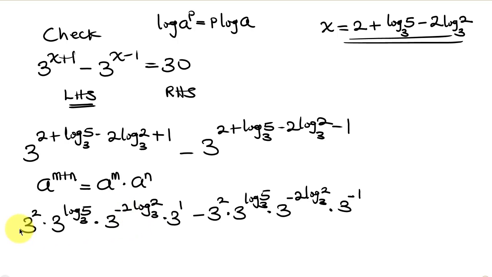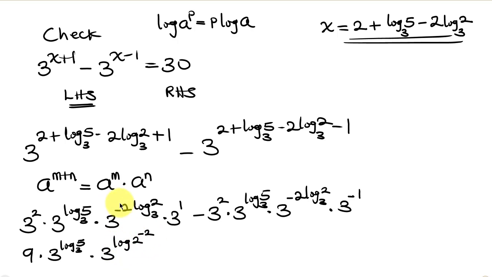So we have 3 squared is 9 times 3 to the log of 5 base 3, times 3 to the, now applying the reverse form, we have log 2 to the negative 2.